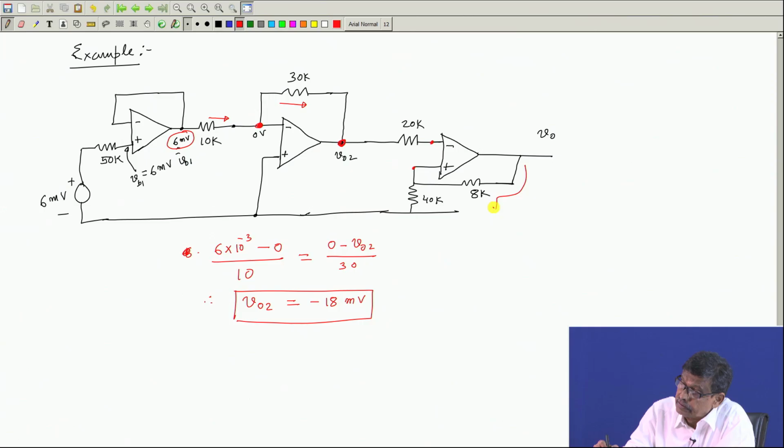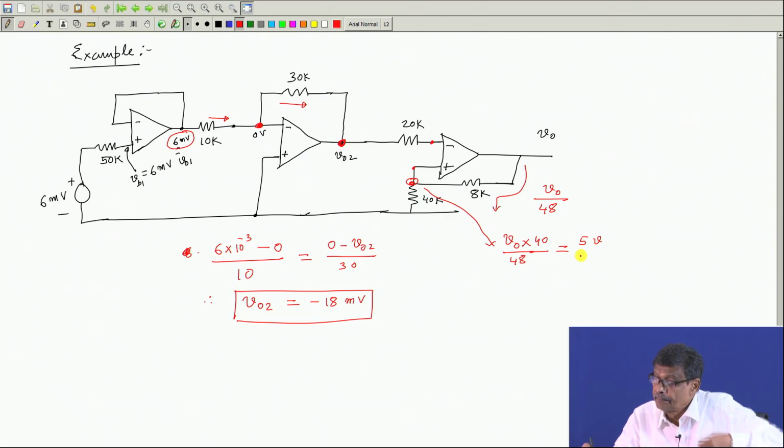So, current in this path will be V naught by 48, and potential of this point will be V naught by 48 into 40, that is 5 V naught by 6, so much volts.